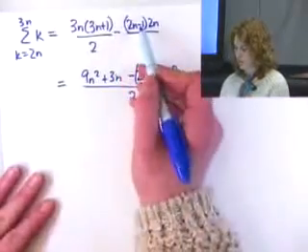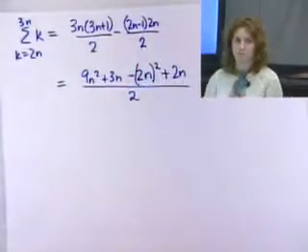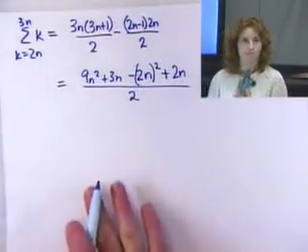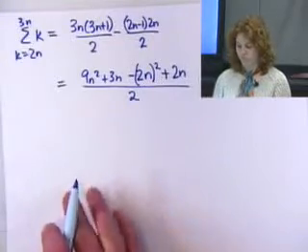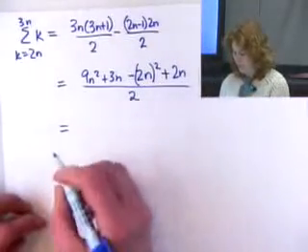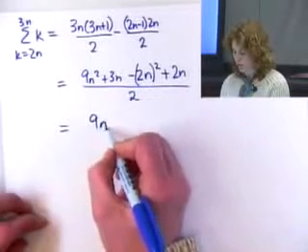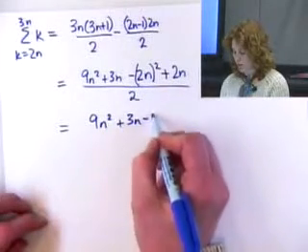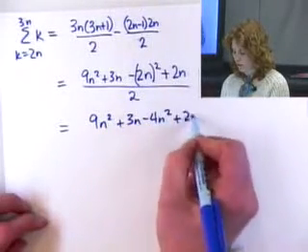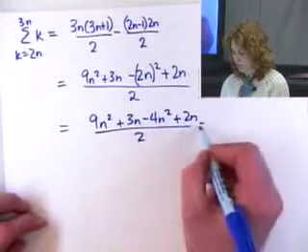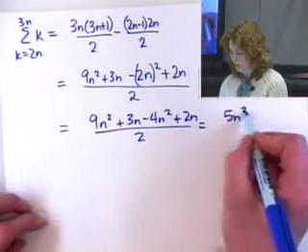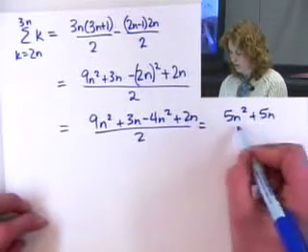That's a plus, because this minus times that minus gives me a plus. Okay, so this is going to give me 9n squared plus 3n minus 4n squared plus 2n all over 2, which is equal to 5n squared plus 5n over 2.